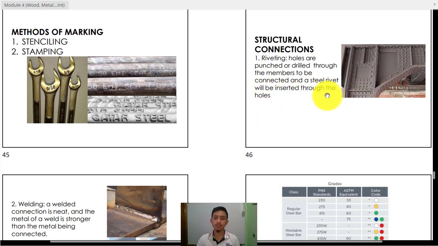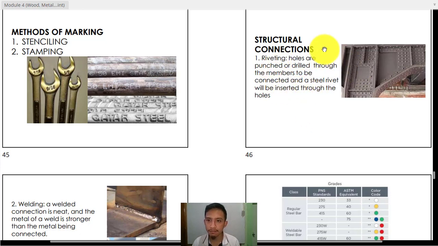This is a common way on thin sheets of steel. If we are connecting thin sheets, let's say plates, this is the common method of connection, using rivets, since we are going to drill or punch, and then a steel rivet is inserted, and that will be finished.